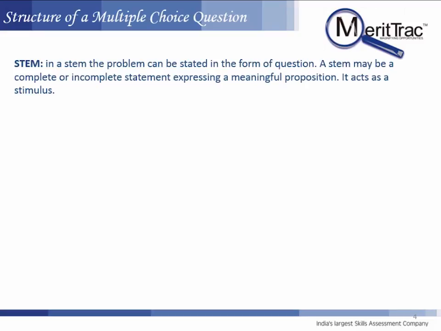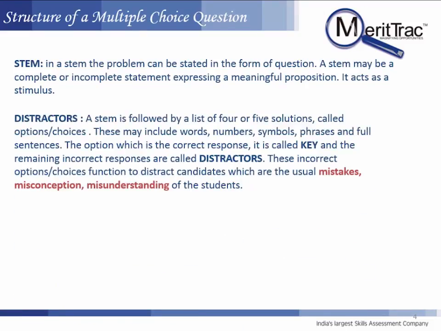It would be followed by a set of choices, alternatives and options, of which one would be the right key or the correct response, and the rest would be distractors, and these distractors need to come out of usual mistakes, misconceptions, misunderstanding of the students or the candidates.